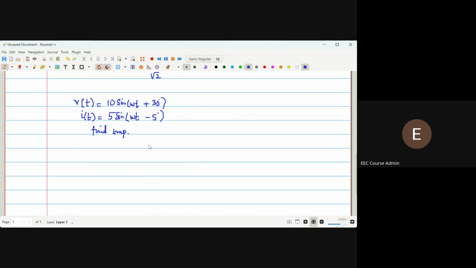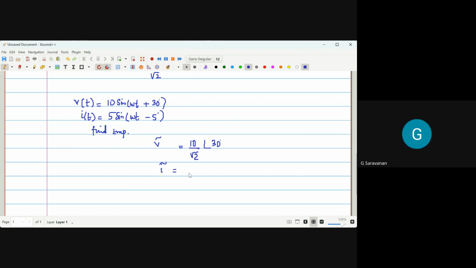So the phasor representation of this V of t will be 10 by root 2 angle 30 degree.